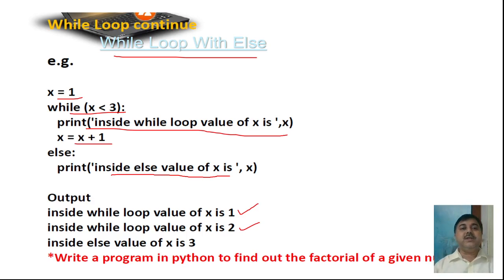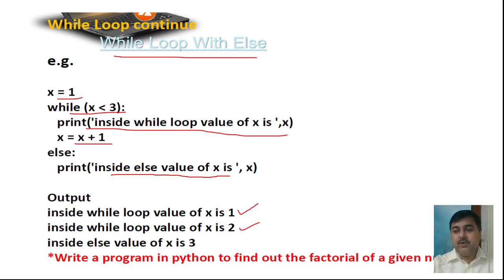So we have done the while loop with else. With the while and else loop, we are making and constructing particular structures, isn't it? This is how we can make the structures using the while loop, and that is known as an iterative loop.